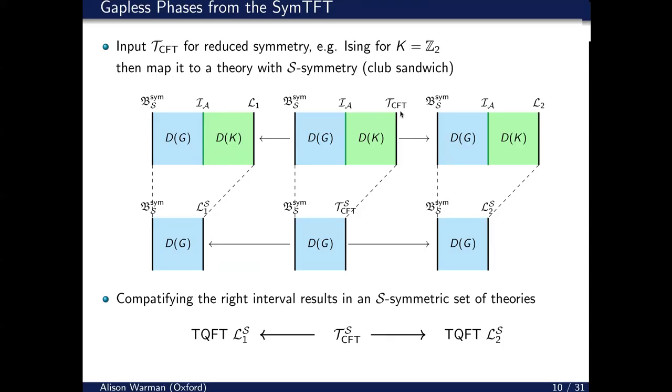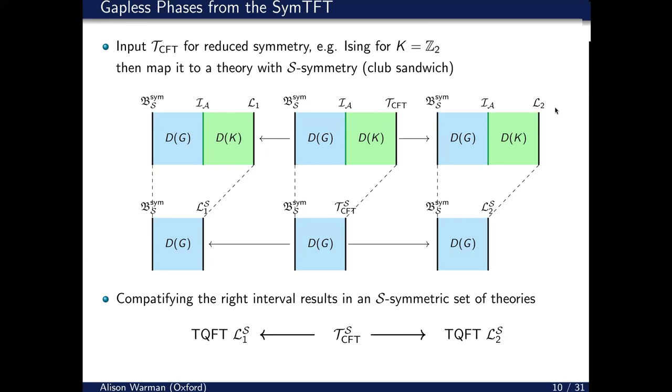Then we can input here a conformal field theory for this smaller symmetry, for example, Ising. This is a CFT between, for example, two K-symmetric gapped phases described by these Lagrangian algebras L1 and L2. So in the concrete case, when K is Z2, we can input here the Ising transition between the Z2 trivial and the Z2 SSB phases.